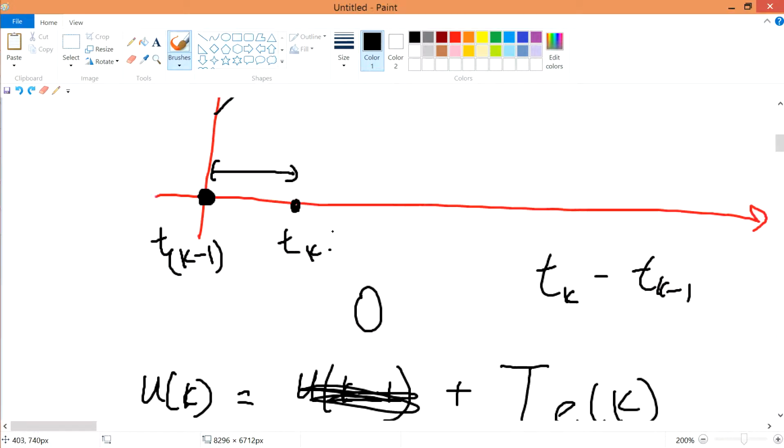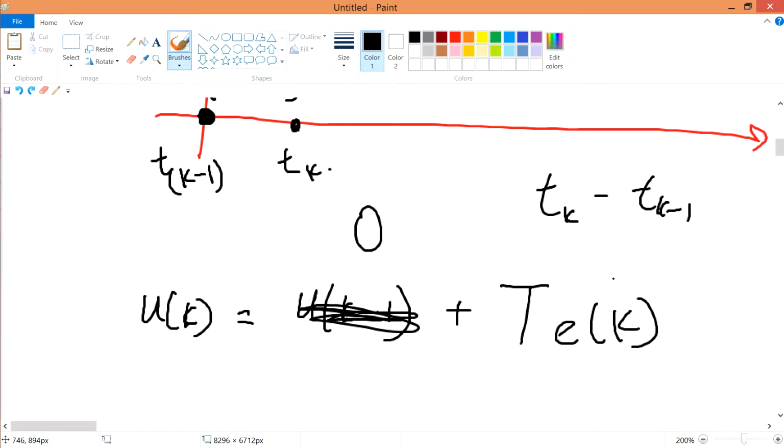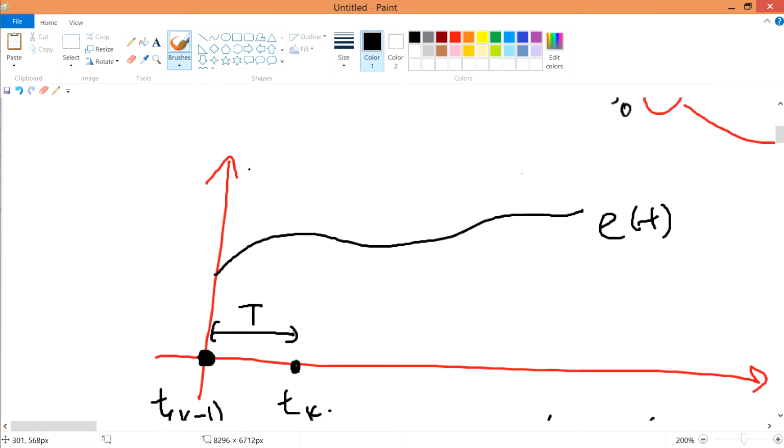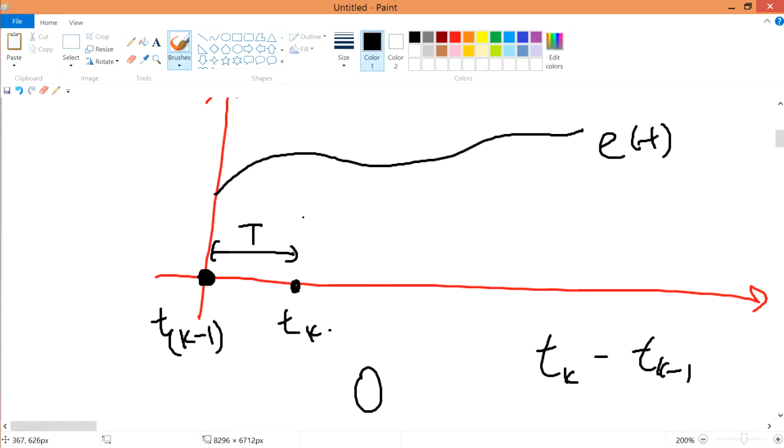If I multiply by ek, so this thing over here I know is dt, and if I multiply by an impulse input at ek, at k you shoot out an impulse input over here.